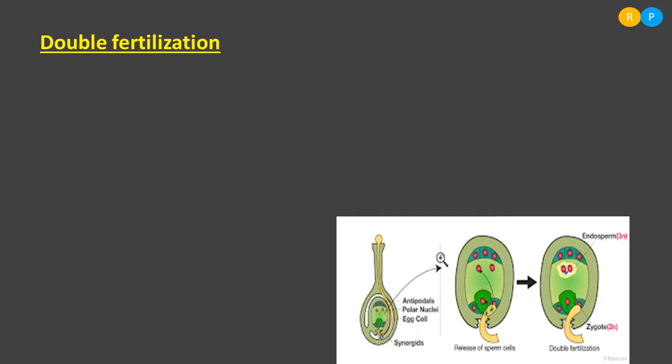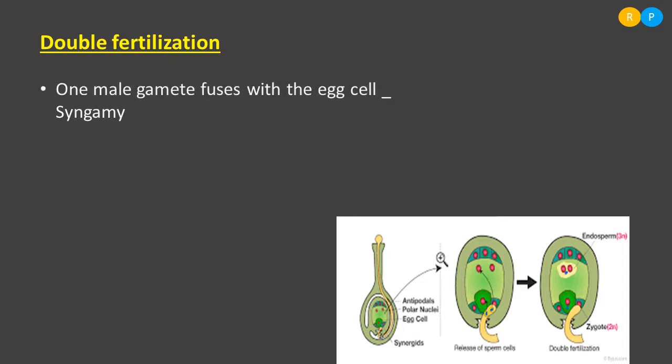They are given in blue color, right? Those 2 blue colored ones are the male gametes. One male gamete fuses with the egg cell. You can notice in the third diagram of this schematic. One of the blue colored gametes fuses with the egg cell. Clear? When the male gamete fuses with the egg cell, that is named syngamy.